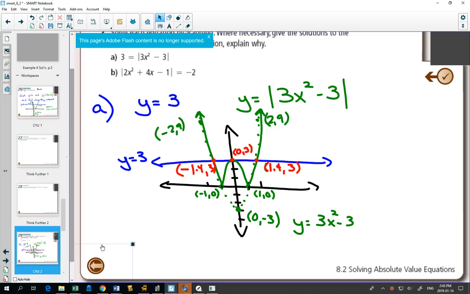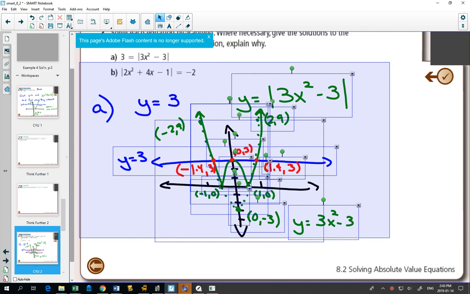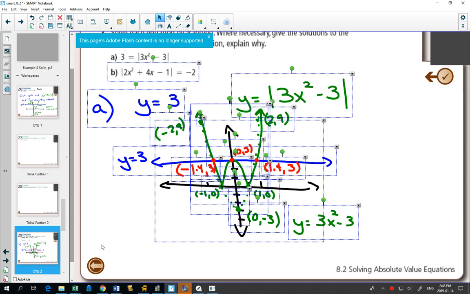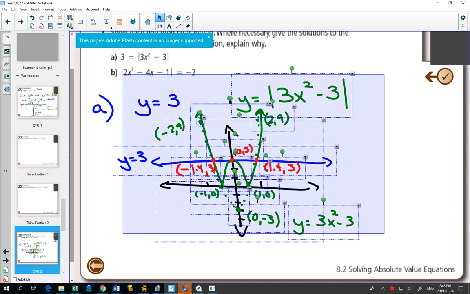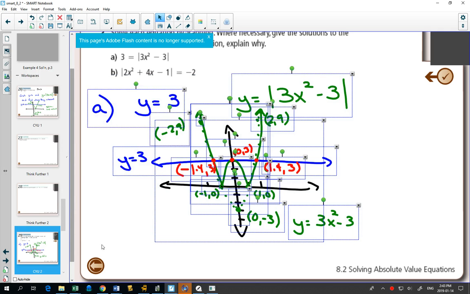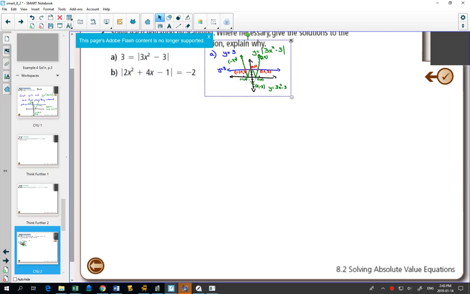Okay, part B. You're going to just make part A a little bit smaller. Everybody got part A down?